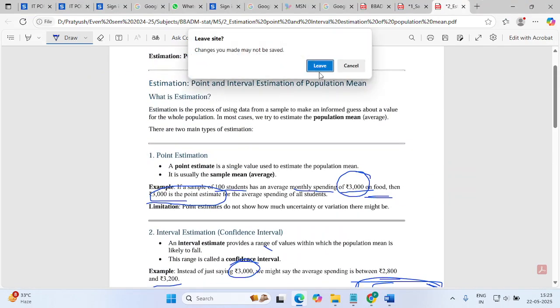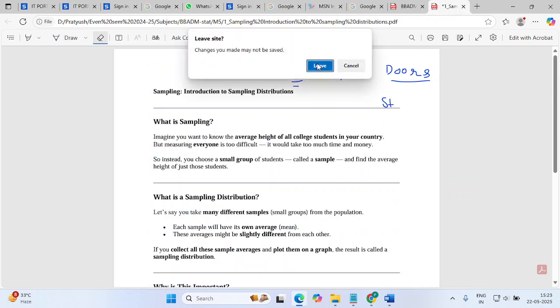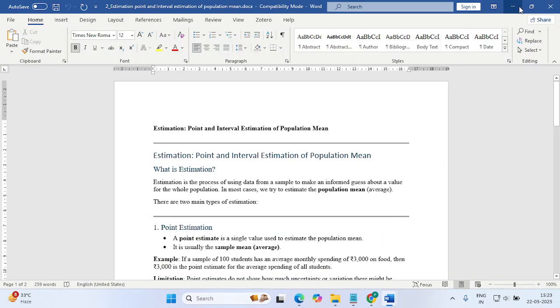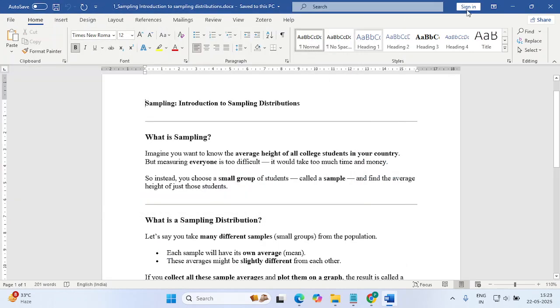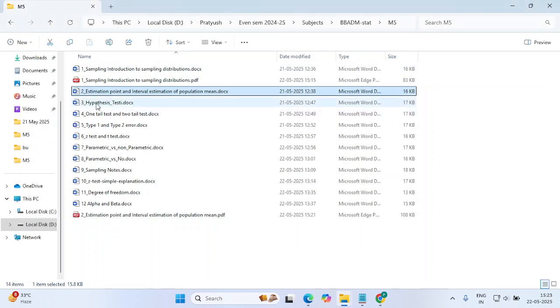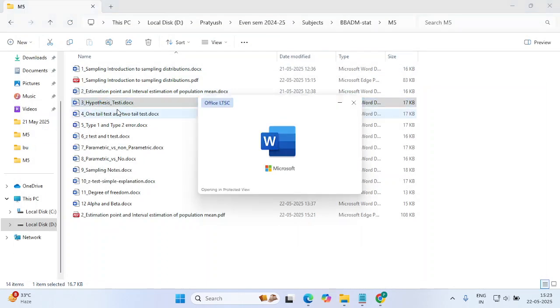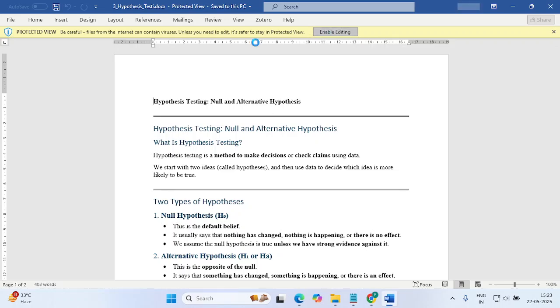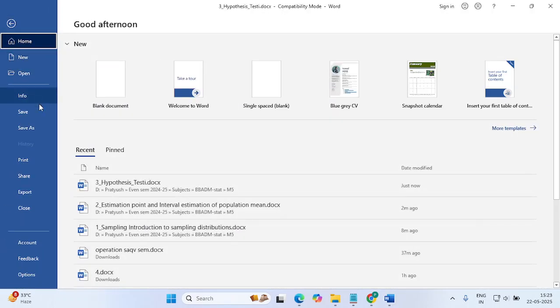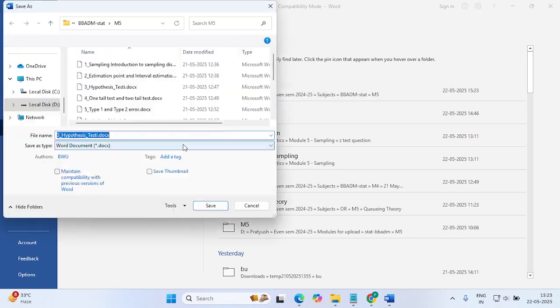Okay, now let me take the next thing. So the next thing is hypothesis testing. So hypothesis testing is a very important concept in statistics. I'll try to explain this in simple manner.